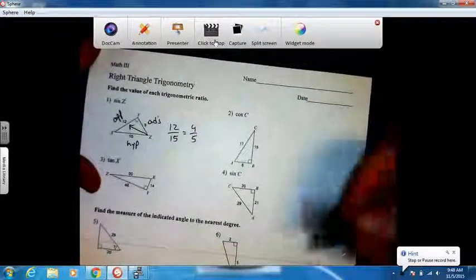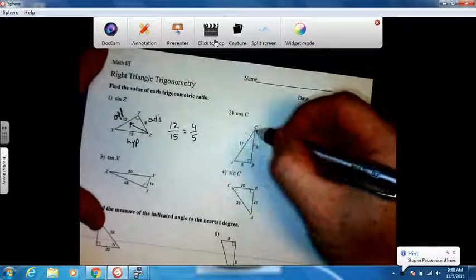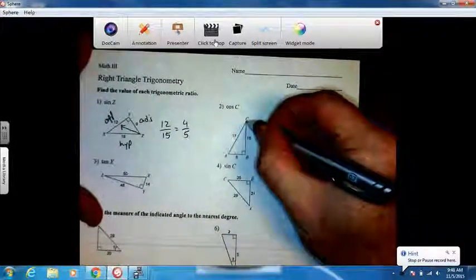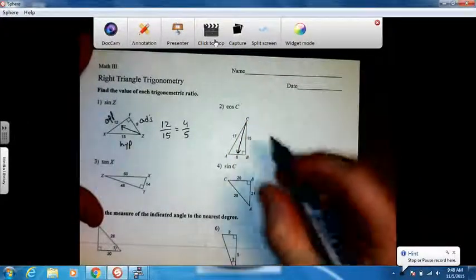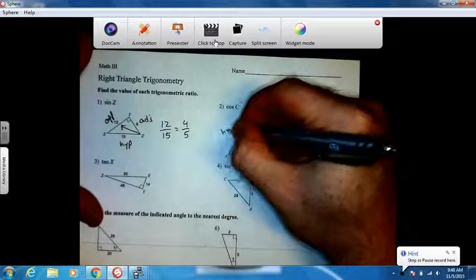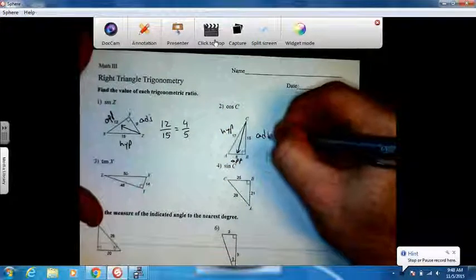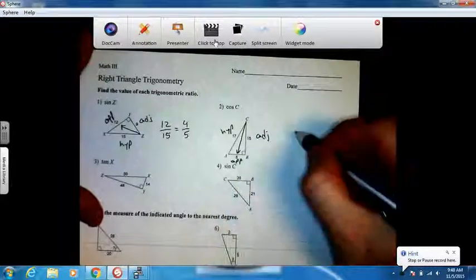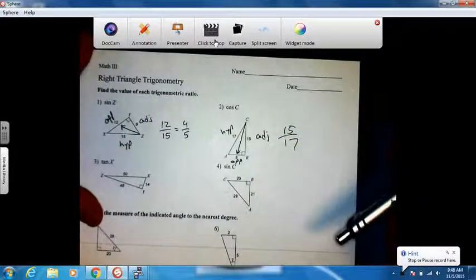For number 2, they talk about cosine of c. Oh, I know cosine is adjacent. I don't care. I'm still going to draw that line in because this tells me this is opposite. This is the hypotenuse. That's the adjacent side. So cosine is adjacent over hypotenuse, so it is 15 over 17.